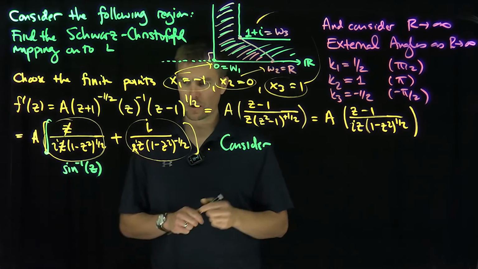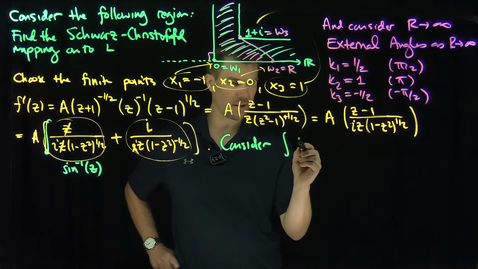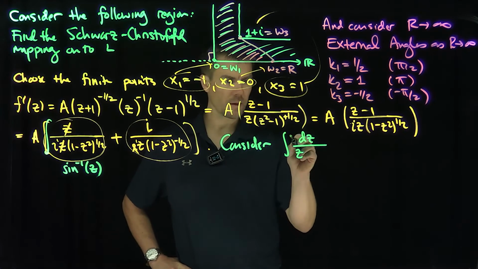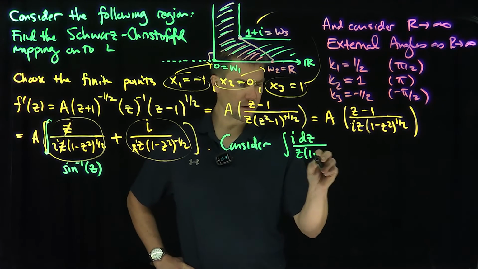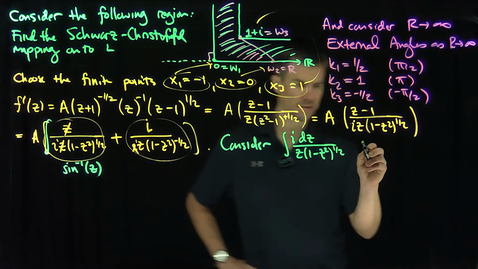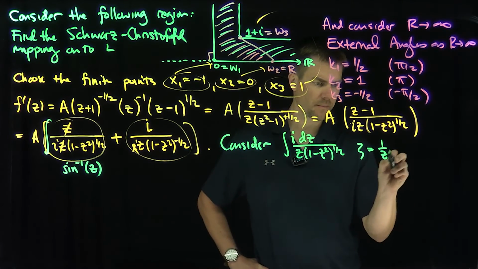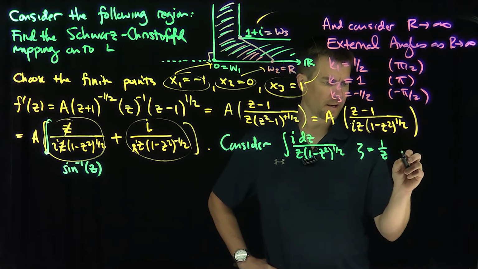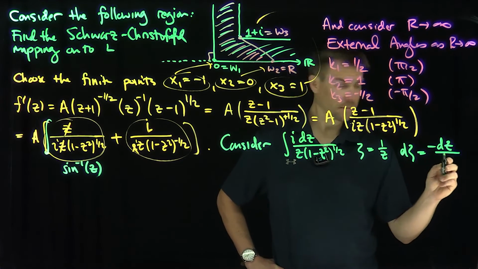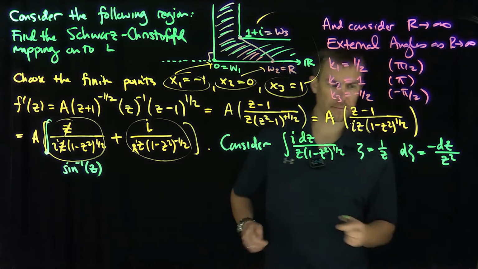Okay, so this integral of dz over z, an i on top, and then 1 minus z squared to the 1/2 power. Let's let zeta be 1 over z, right? Then d zeta is equal to negative dz over z squared, right?